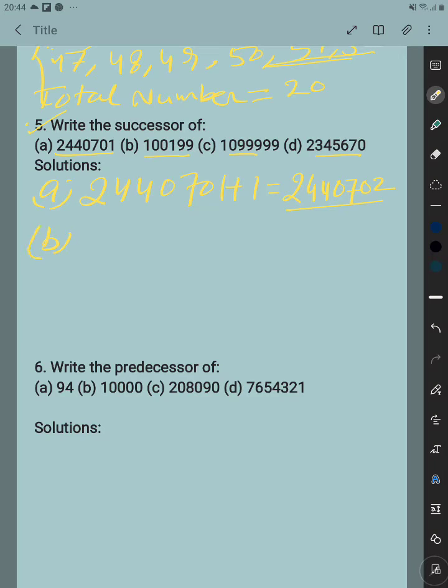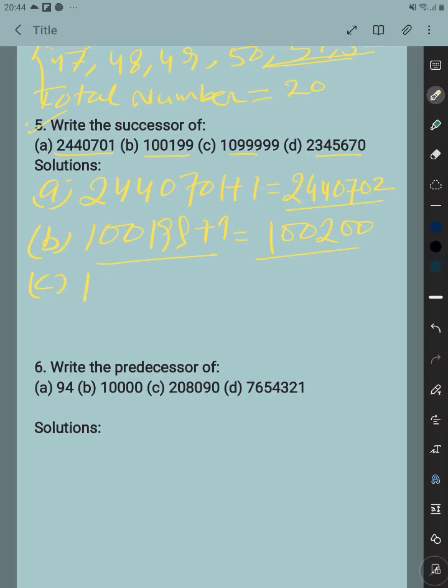Then we need to find part B, 100199. Okay, so we'll add 1. What will this become? 100200. If we add 1 to this number, it will come like this. And what will be the C part?